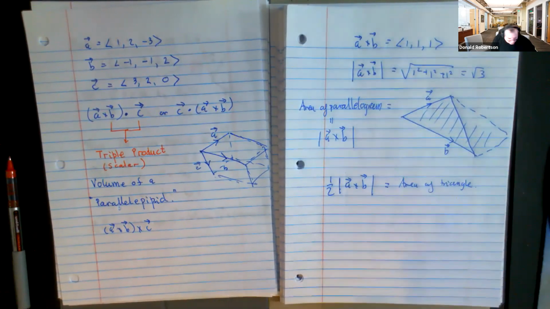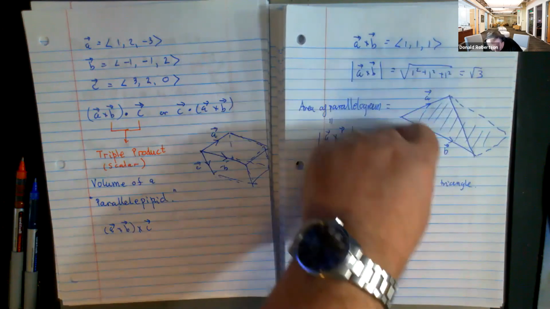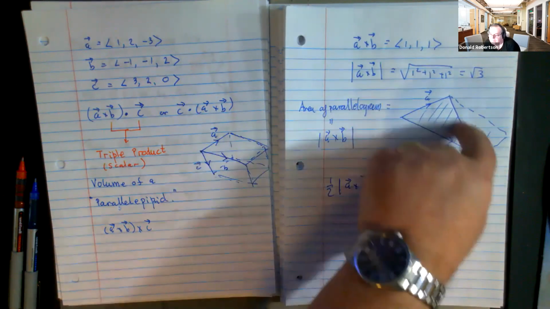So do you see that if I have two vectors, just two vectors in 3D space, doesn't the cross product tell me all sorts of things, right? The cross product tells me a vector that would be perpendicular to the two. But the magnitude of that cross product would be the area of this parallelogram, and half of that would be the area of this triangle.